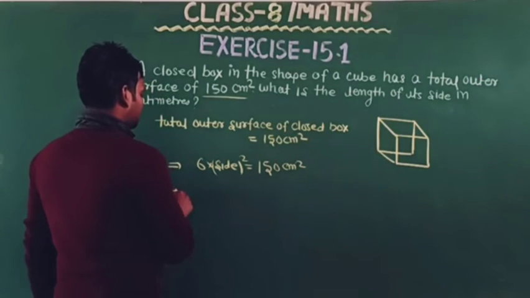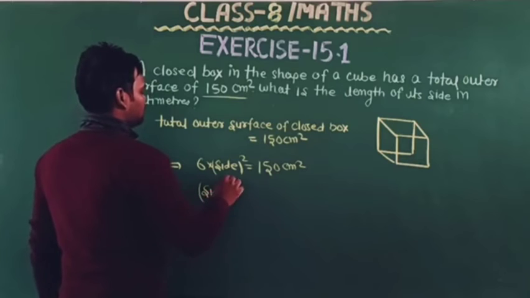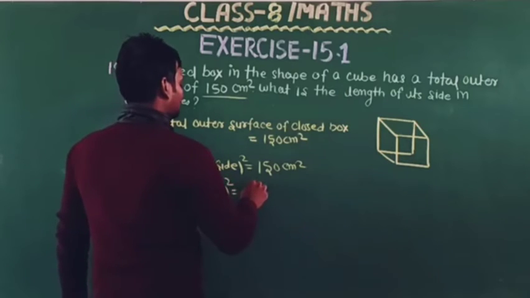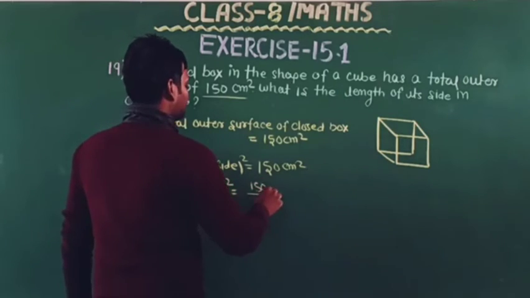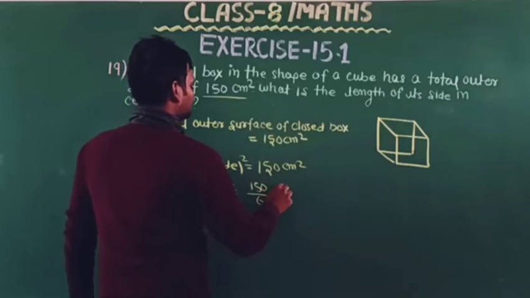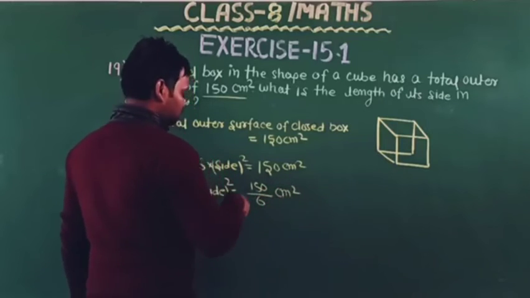From the next line, side square equal to 150 upon 6 centimeter square.